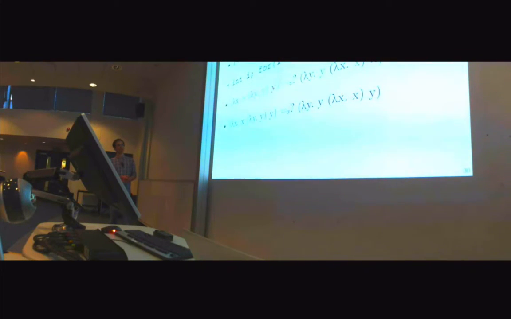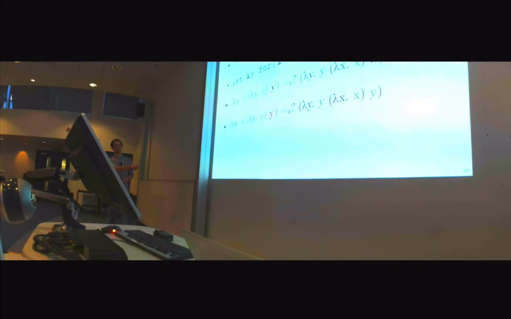What about this one? All I've changed here is this x has now become a y. Have I fixed it? Are these now alpha equivalent? Who thinks they're alpha equivalent? Let's have a look. So again, we'll colour the free variables and bound variables. It goes like this. So x, y are bound.